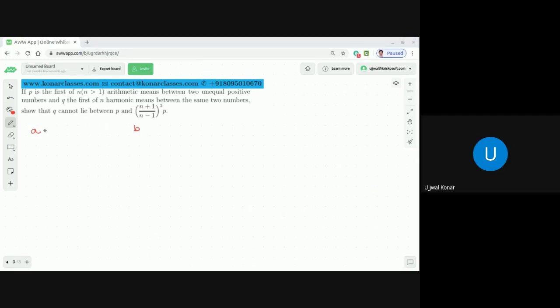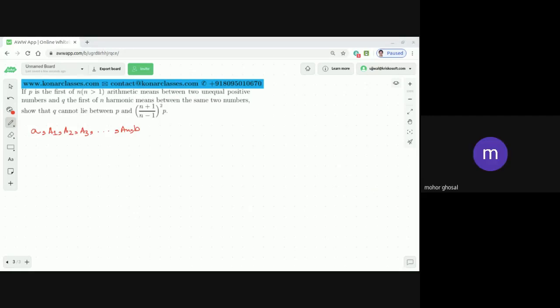According to the question, n arithmetic means, so that means A1, A2, A3, up to AN, and then B, correct? Now how many terms are there? There are a total of n plus 2 terms, and these n plus 2 terms are in arithmetic progression, correct or not?